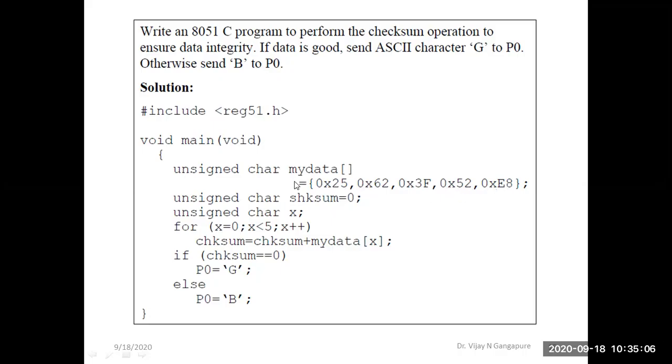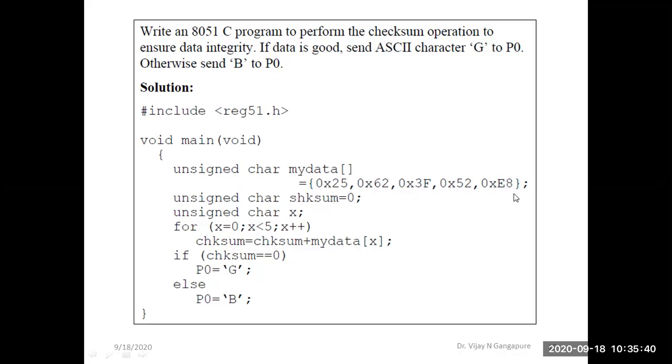We are assuming these 5 bytes are written in program ROM. Now we have to decide whether this data is written correctly or there is some corruption. How will we check? We will simply add all these 5 bytes while ignoring carries that get generated. I will add 25, 62, then add 3F to it, then 52, and finally I will add this checksum byte.